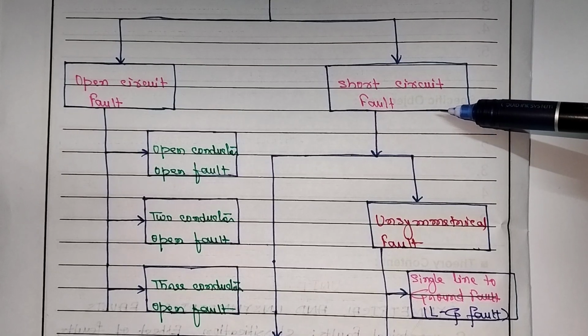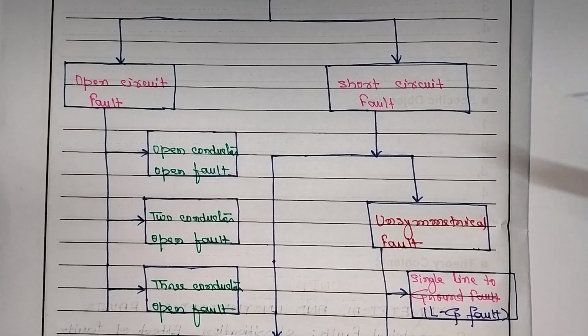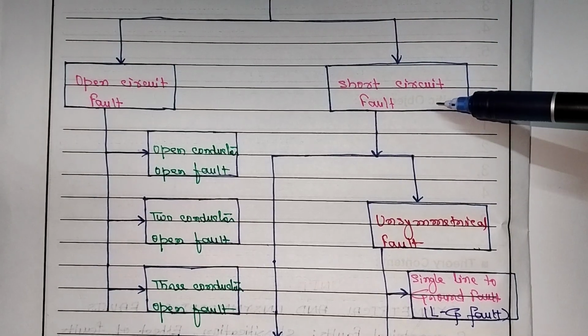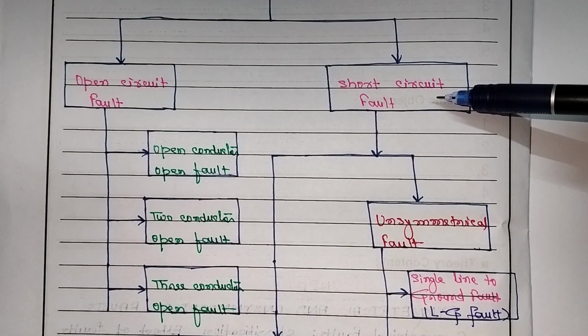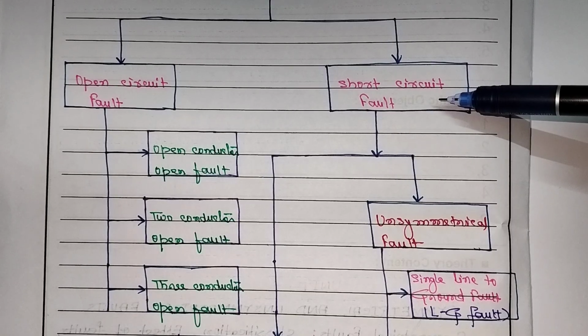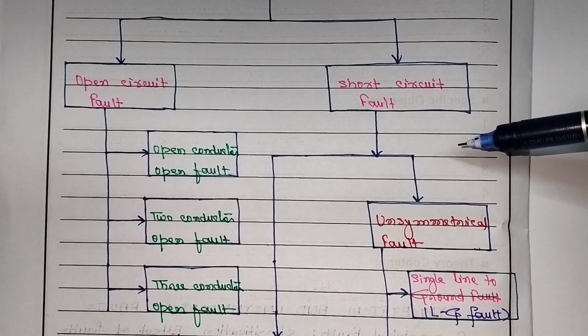Similarly, we have the short circuit fault. Short circuit faults happen when conductors touch each other or the ground, creating a path of very low impedance.